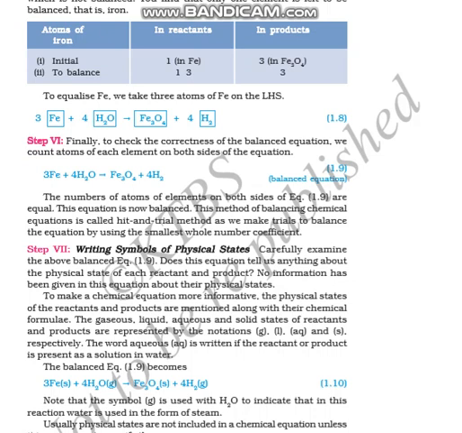First is the element, second is the number of atoms in reactants, third is the number of atoms in products. List out the elements, all that you are using, that is iron, hydrogen and oxygen, in the first column, the element column.